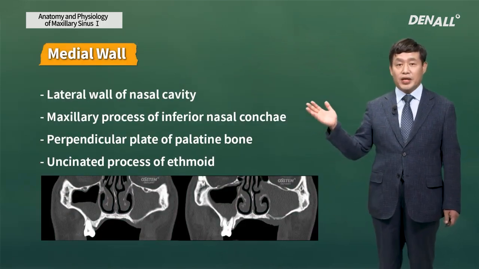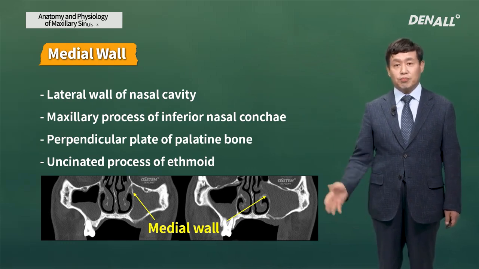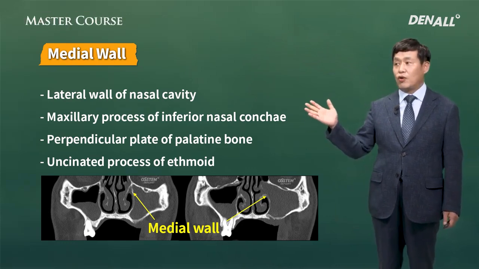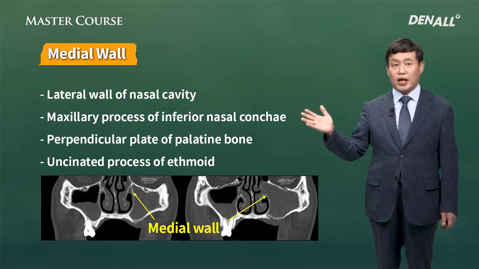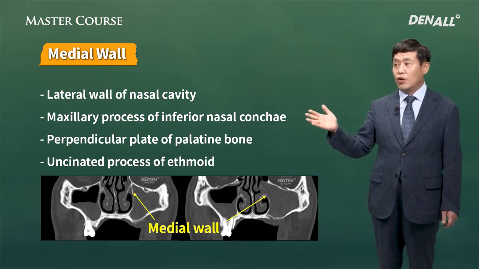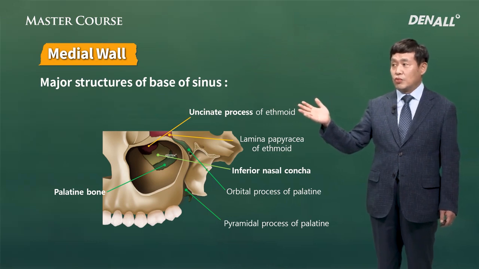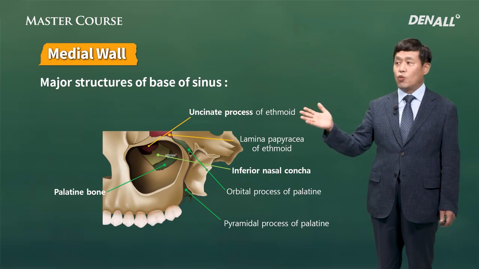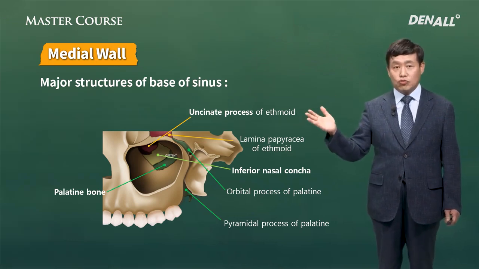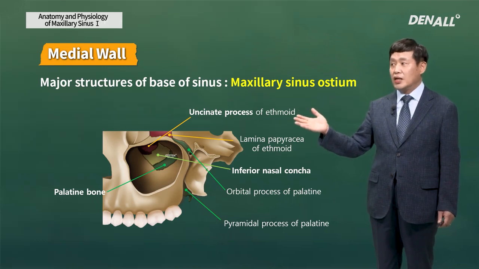Next, medial wall. It is in the medial side, so that is the lateral wall of the nasal cavity. As I said before, there is the inferior nasal concha, and there is the ethmoid bone. So like this, the base of the sinus, the base of the pyramid, in the medial wall the most important part is the maxillary sinus ostium.